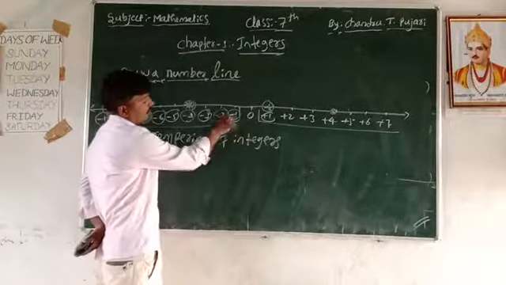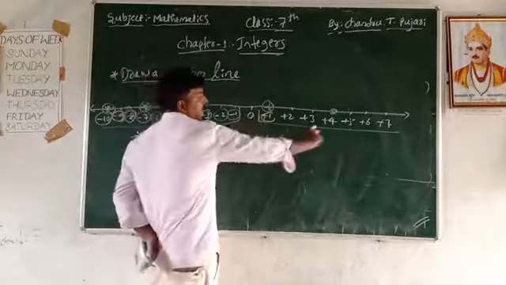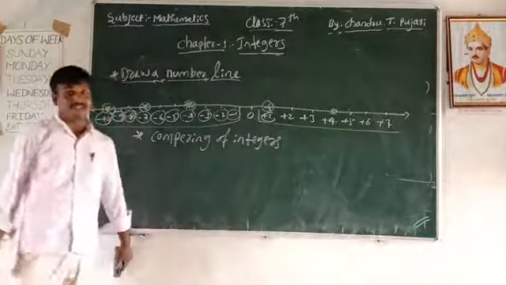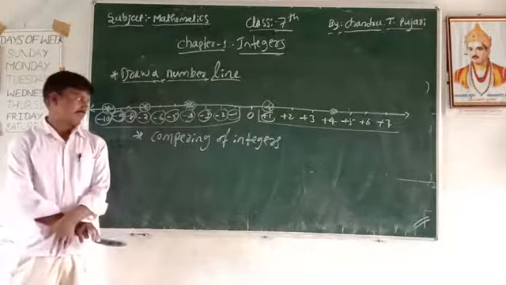Therefore, minus 1 is smaller than 0, and 0 is smaller than 1. The numbers increase in ascending order on the number line.